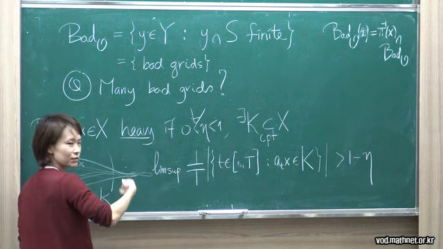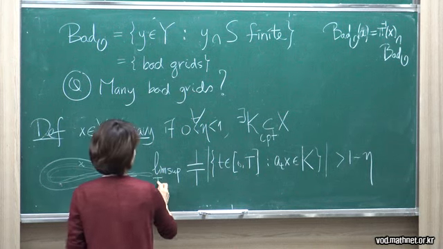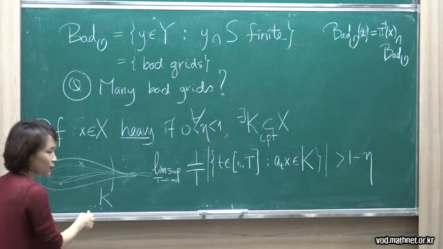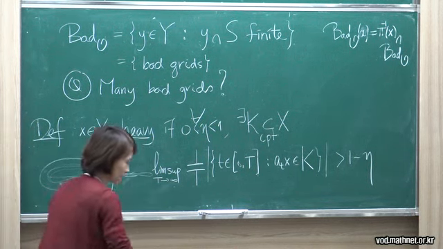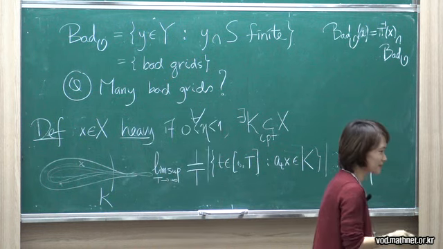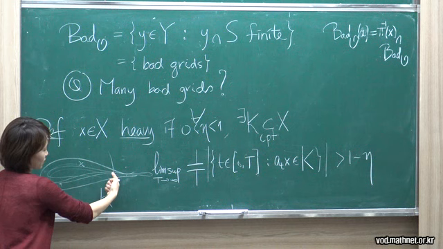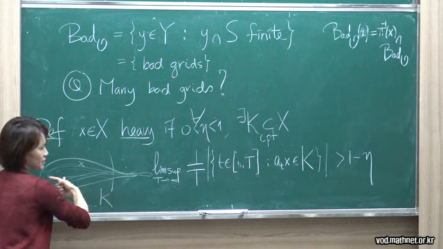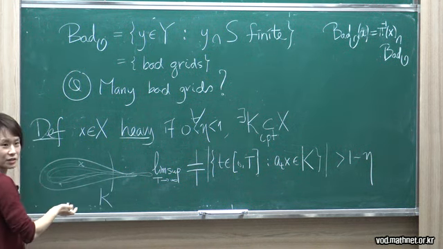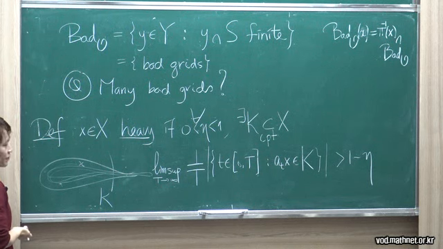Let's say we have a sequence t_i going to infinity such that at those times, the proportion of the time that you stay inside K is as large as you want.